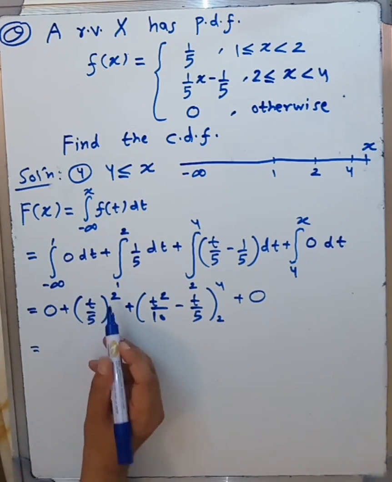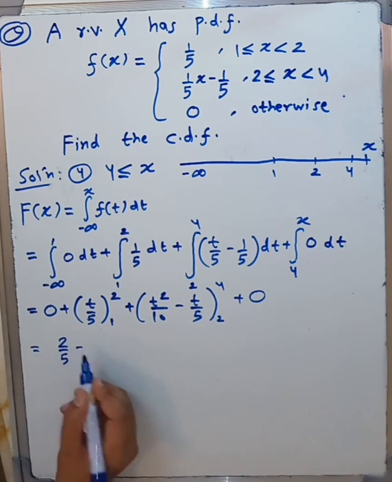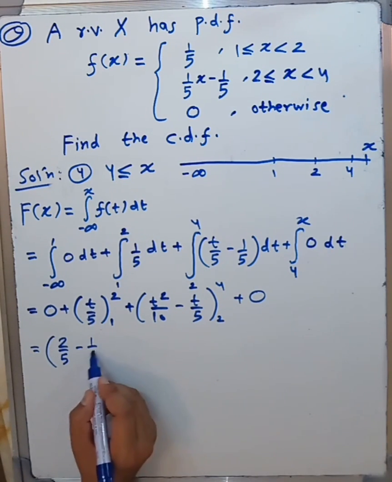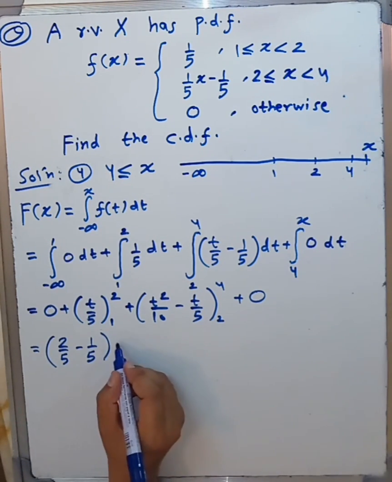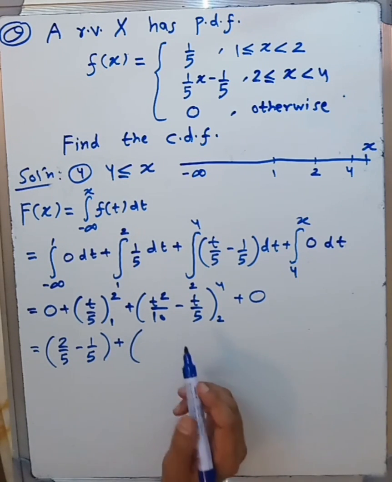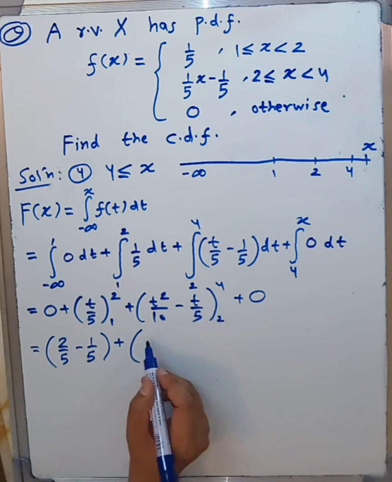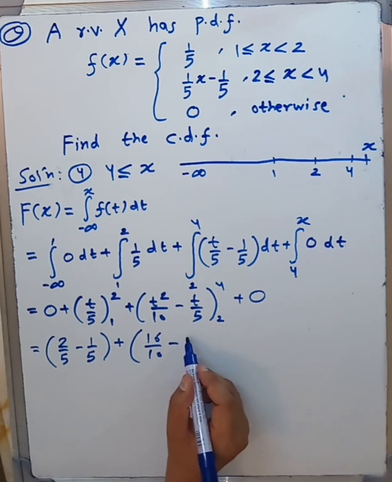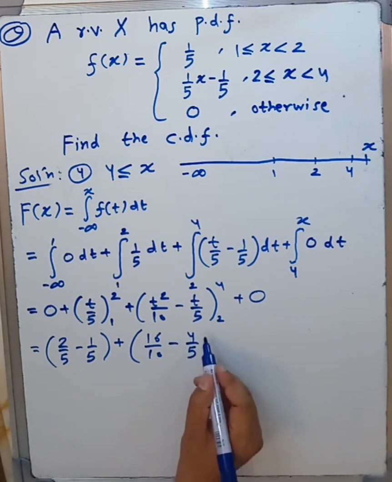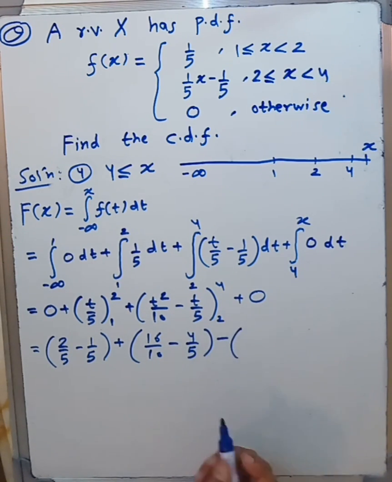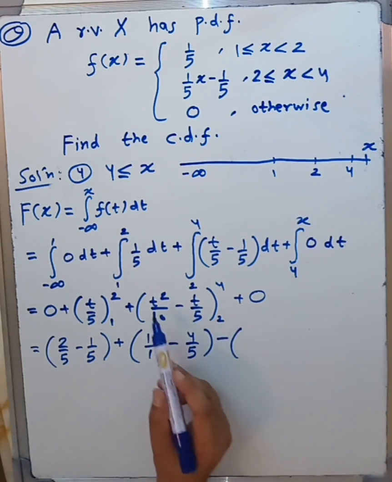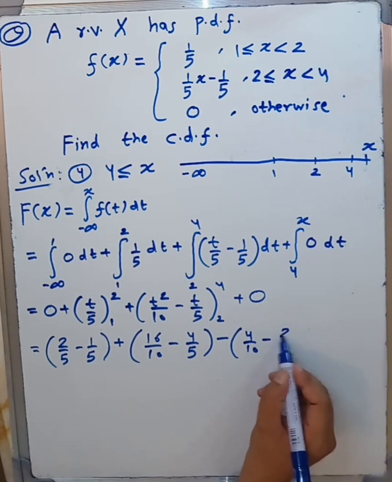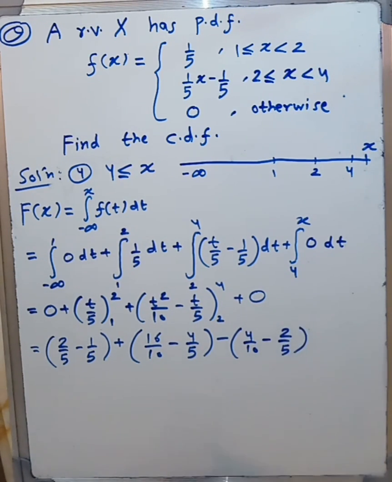When I put t equal to 2, I get 2 by 5 minus, when I put t equal to 1, I get 1 by 5, plus, when I put t equal to 4, I get 16 by 10 minus 4 by 5 minus, when I put t equal to 2, I get 4 by 10 minus 2 by 5.